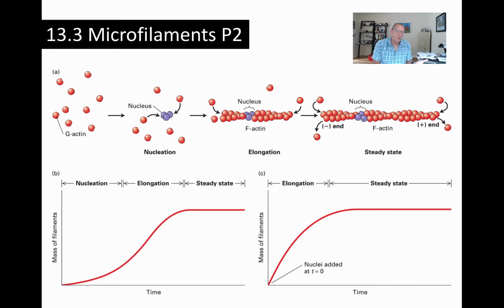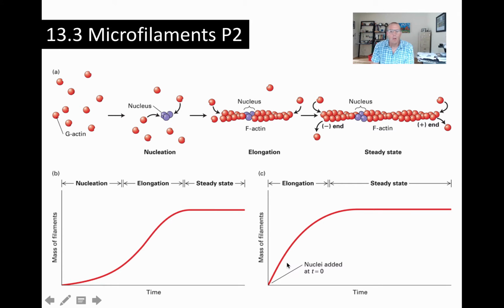And then, just like we saw with microtubules, if the concentration of free actin drops below the critical concentration for the plus or the minus end, and those are different as well, just like we saw in microtubules, then we will get depolymerization, and if the concentration of G-actin with ATP goes above, then we will get polymerization.